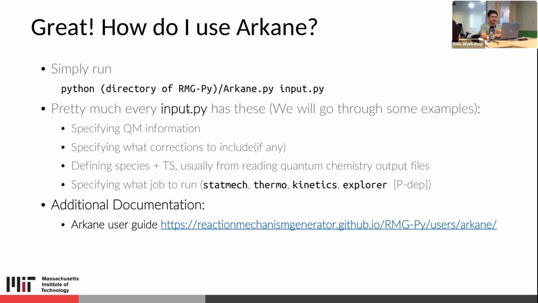We'll walk through each input file and see what they look like, but they pretty much all have these four blocks, or one or several of them. One is specifying the QM level of theory. Two is specifying what corrections you want to include, like atom or bond additivity corrections. Third is defining the species in your system, and fourth, specifying what job to run. And that's basically it. It's really quite lightweight and hopefully easy to use.